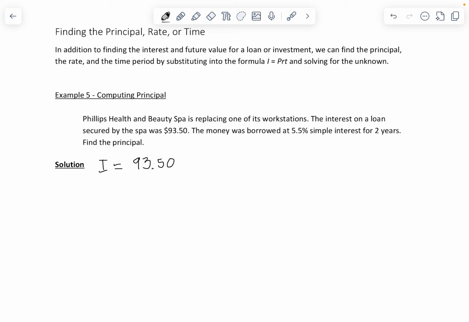We know the interest rate, that was 5.5%. I'm going to write that down in decimal form, 0.055. And we know the time. Time is given as 2 years.